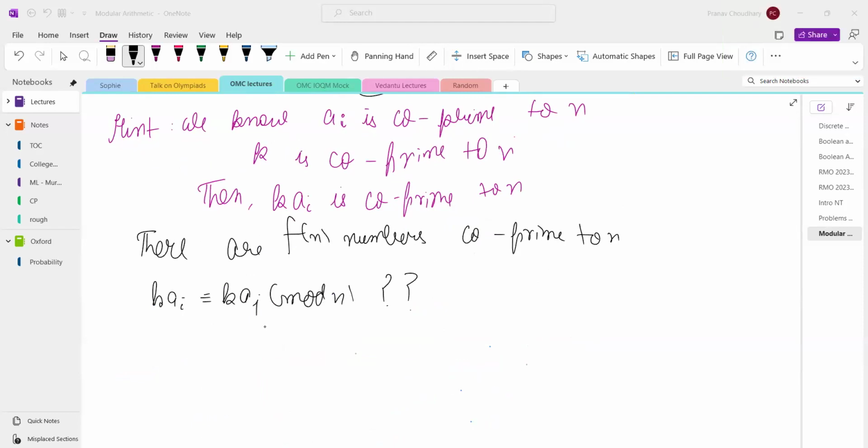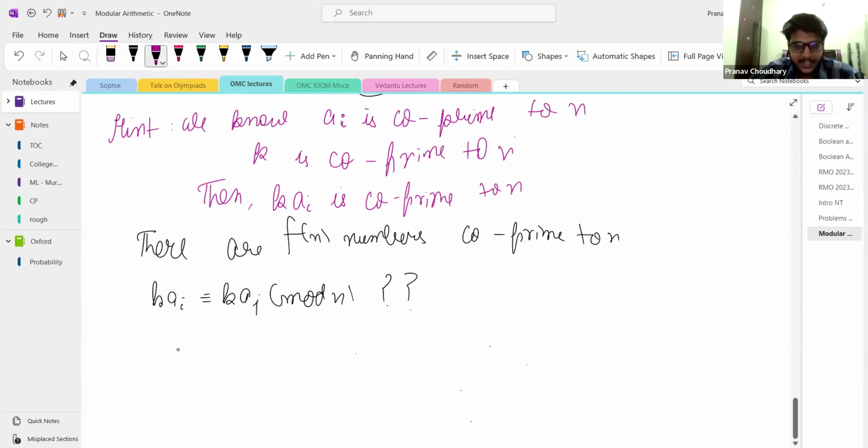I think ai is going to be aj mod n because all ai are co-prime to n. What you said is correct. The reason is wrong. Okay, see, if this is true, this means n divides kai minus kaj, right?